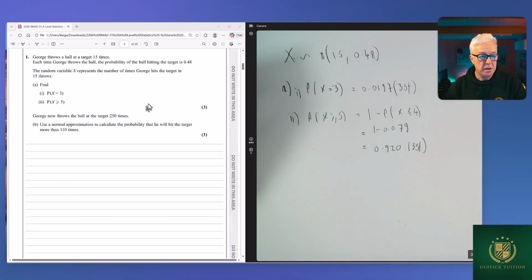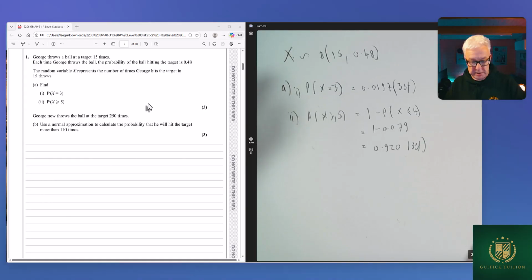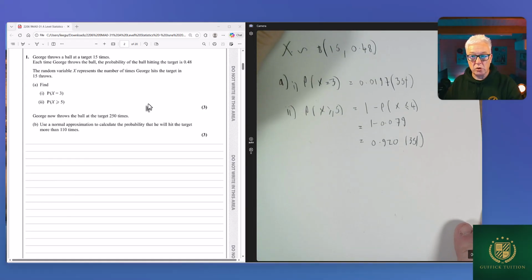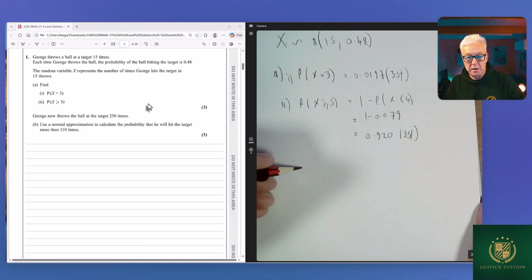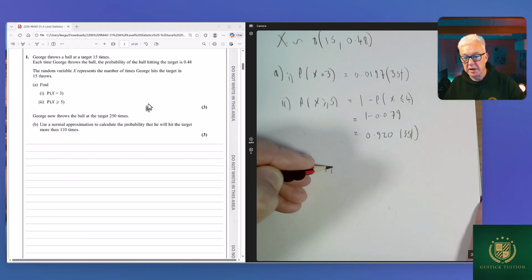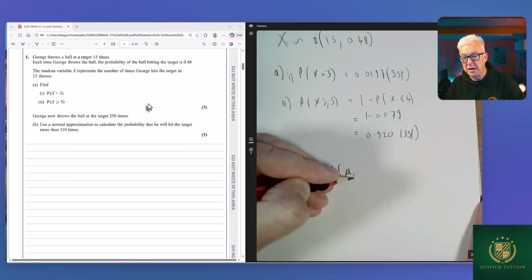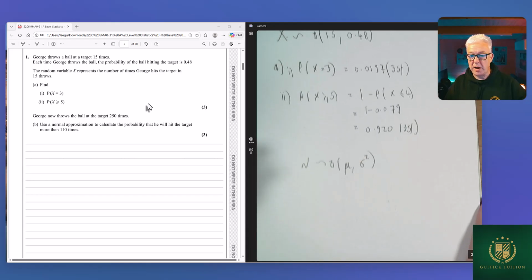Okay, now part B. George now throws the ball at the target 250 times. Use a normal approximation to calculate the probability that you'll hit the target more than 110 times. So we're using a normal distribution now to approximate a binomial, okay? Now you may remember that in the normal distribution, we have something distributed with a mean and standard deviation squared.